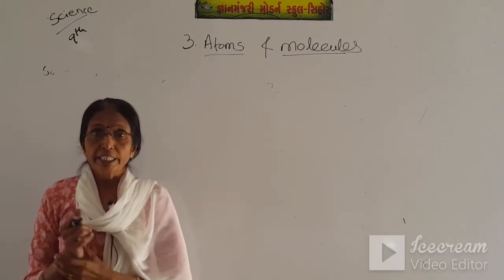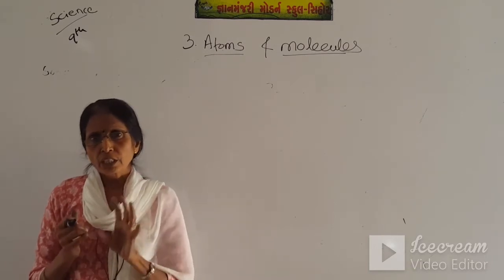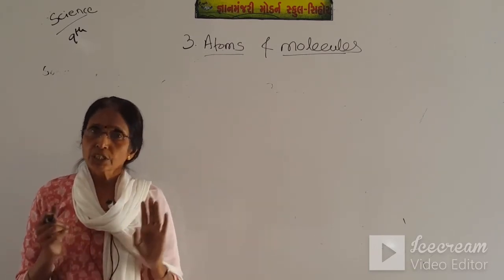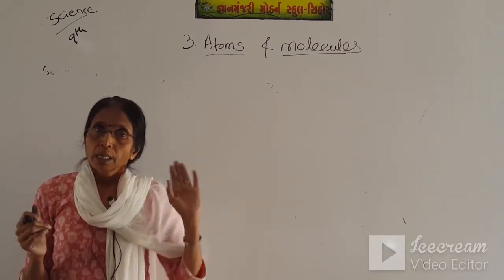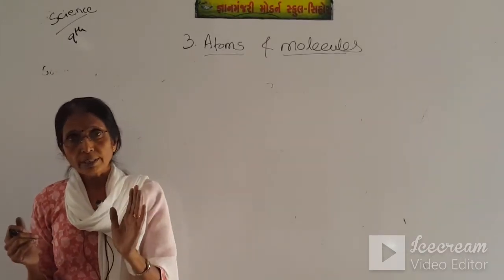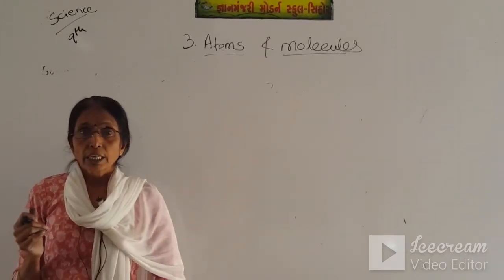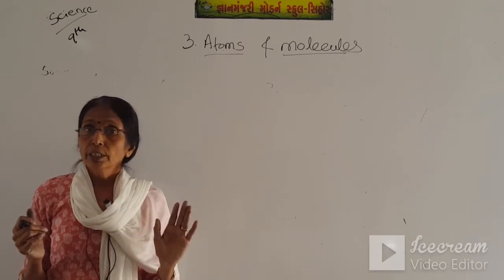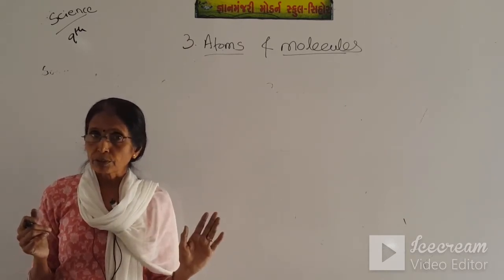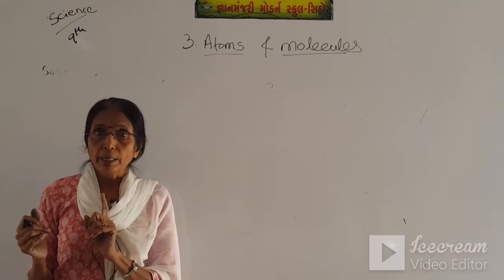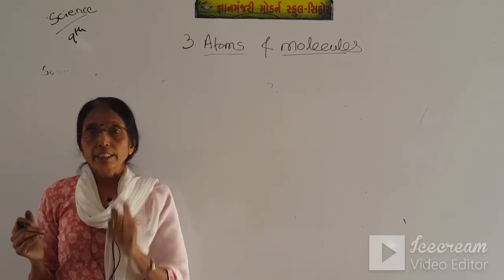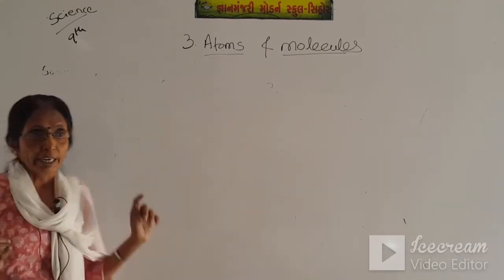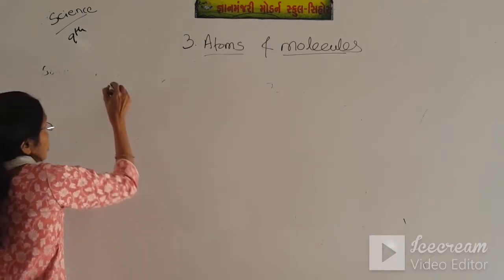It is given in very much detail. Just at this stage remember that in an atom the number of protons is equal to the number of electrons. In an ion the number of protons is not equal to the number of electrons. An atom is not stable and an ion is stable. So now we will write the difference between atoms and ions.